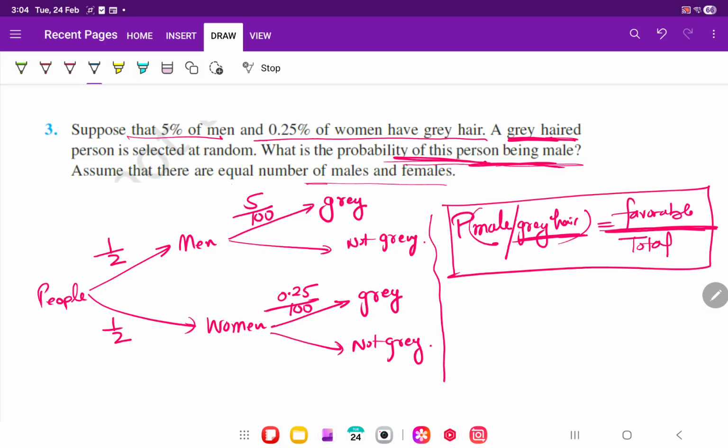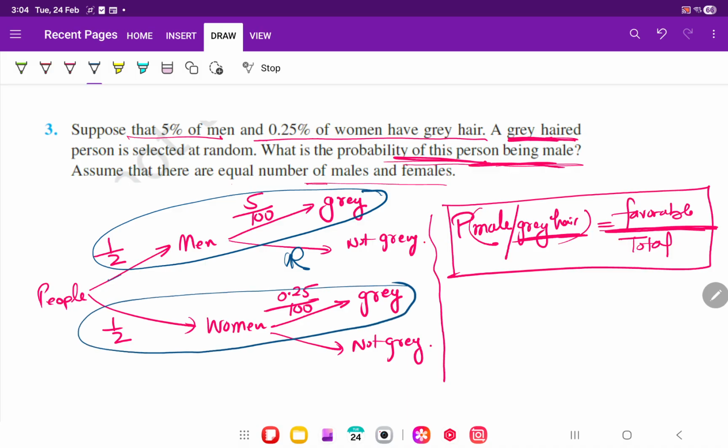So how many people have gray hair? First, they are men and have gray hair, or they are women and have gray hair. This is the total possibility. Out of that, the favorable is that they are men and they have gray hair.